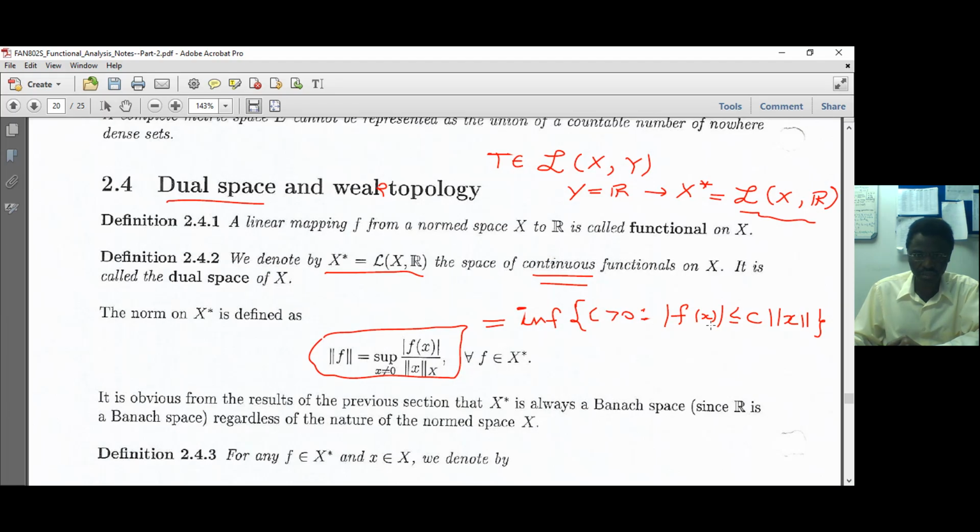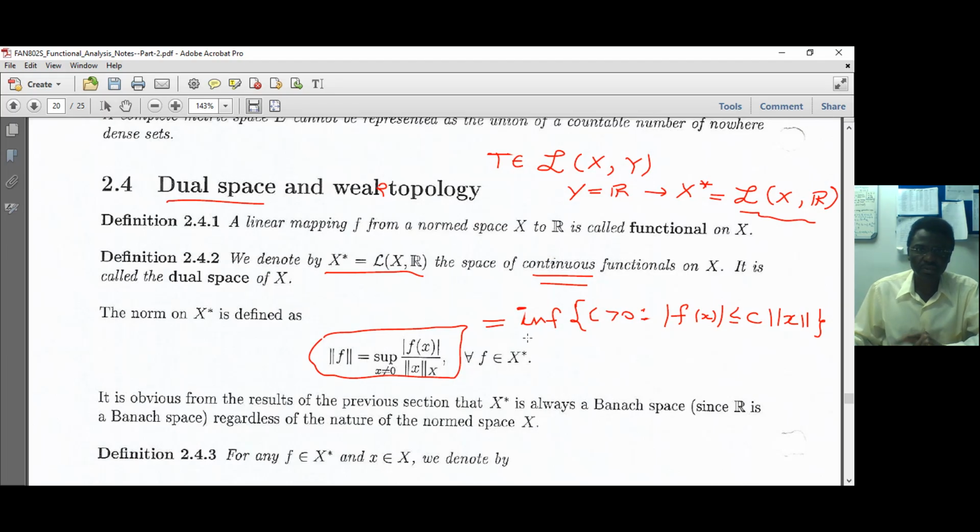You can use this definition, or you can use the definition of the supremum where the norm of x is equal to 1 or less than or equal to 1. Those definitions all define the same norm.